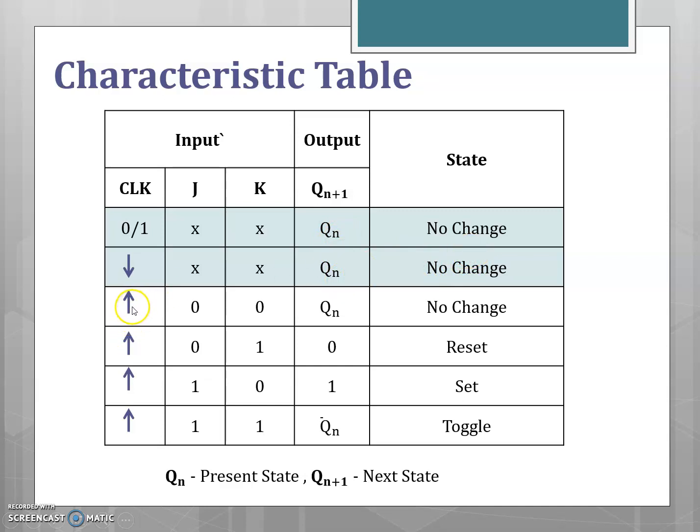And for positive edge, for J equal to 0 and K equal to 0, Qn plus 1 equal to Qn, no change condition. For J equal to 0 and K equal to 1, Qn plus 1 is 0. For J equal to 1 and K equal to 0, Qn plus 1 equal to 1. And for J equal to 1 and K equal to 1, Qn plus 1 is equal to Qn bar. So it represents the toggle condition.